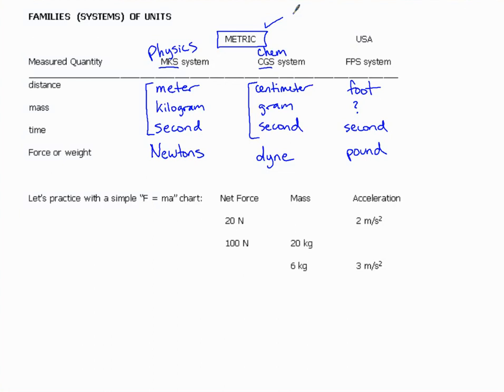So let's practice with a simple force equals mass times acceleration chart. So net force equals the mass times the acceleration. So we'll do these without a calculator. So we have 20 newtons and an acceleration of 2 meters per second squared. The mass would be the net force divided by the acceleration, 10 kilograms.